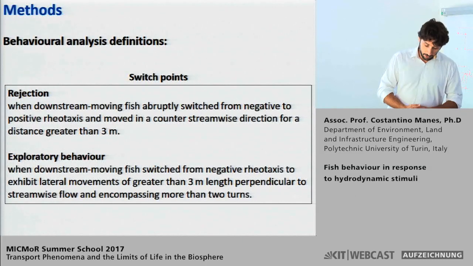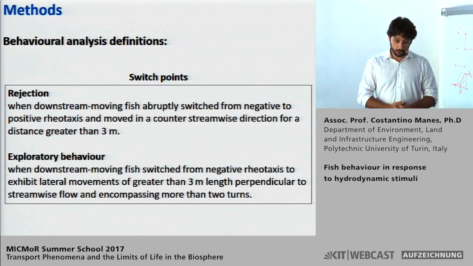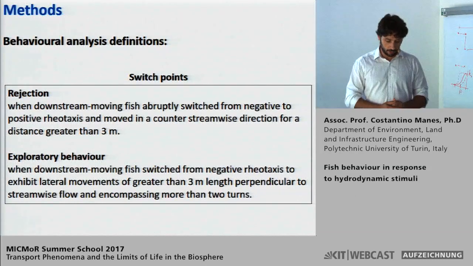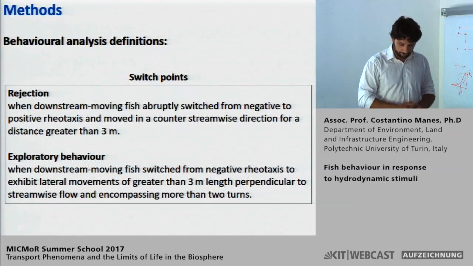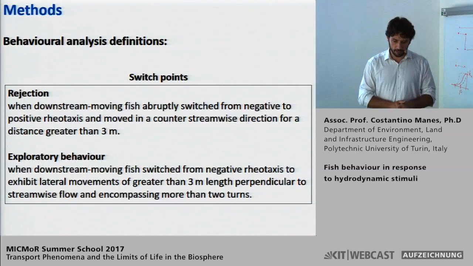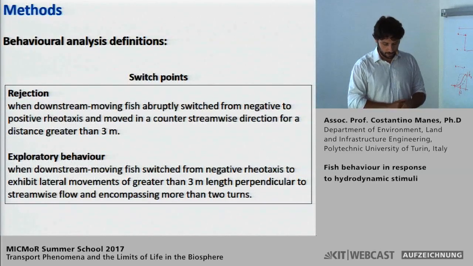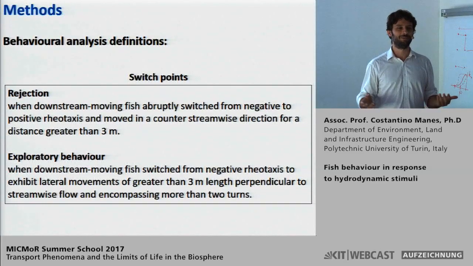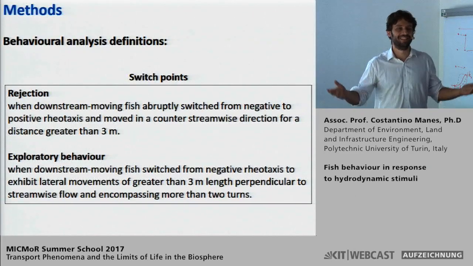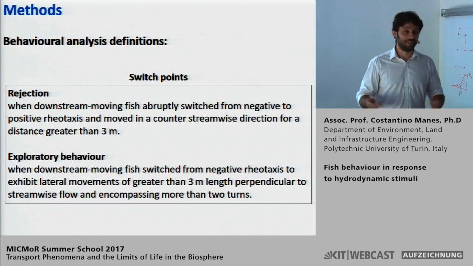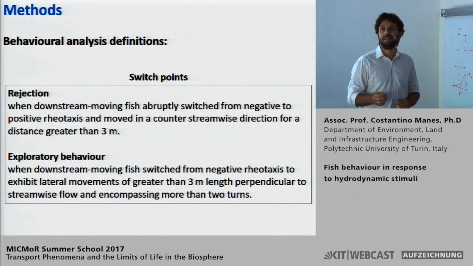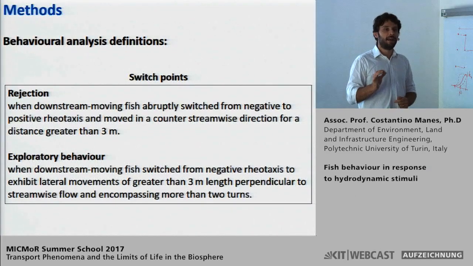We also defined exploratory behavior when downstream moving fish switched from negative to positive rheotaxis to some sort of lateral movements, greater than 3 meters in length, perpendicular to the streamwise flow, and encompassing at least 2 turns. It's very arbitrary, but you can tell by eye.